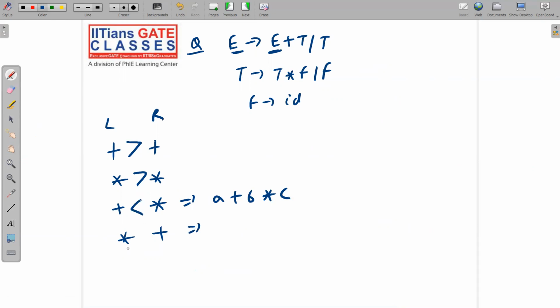And A star B plus C: which will be solved first? Star will be solved first because star is having more precedence than plus, because star is at the lower level and plus is at the upper level. So I hope I have made the point clear. Please note it down carefully and I will jump into the next slide.